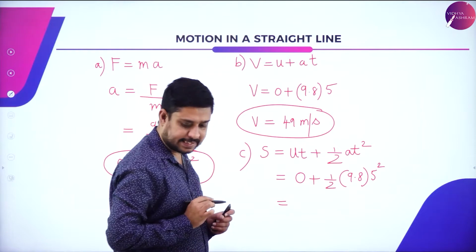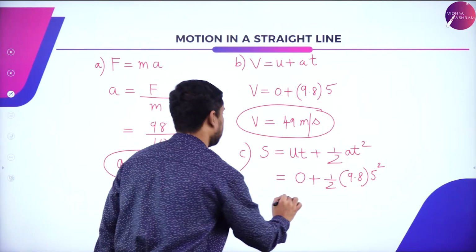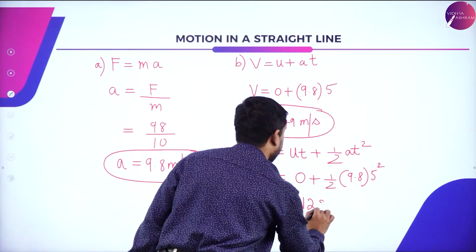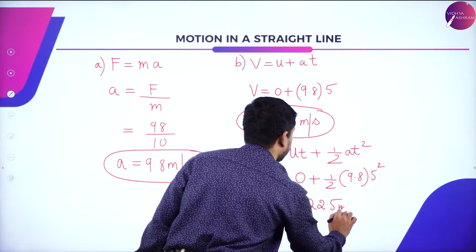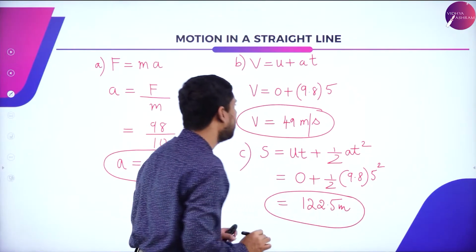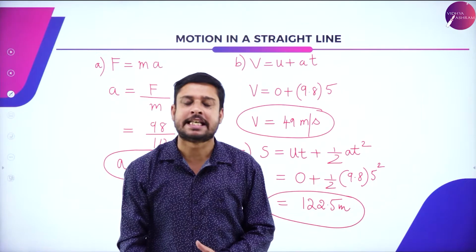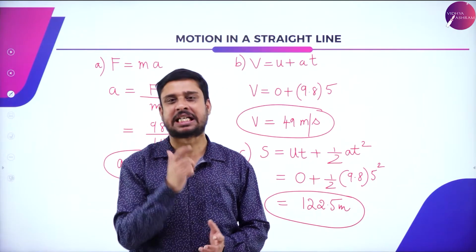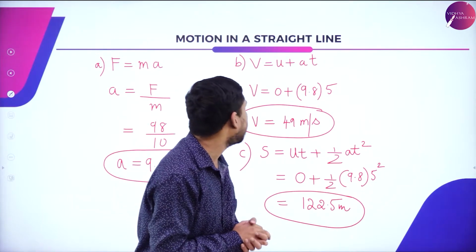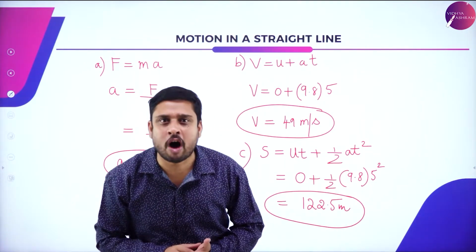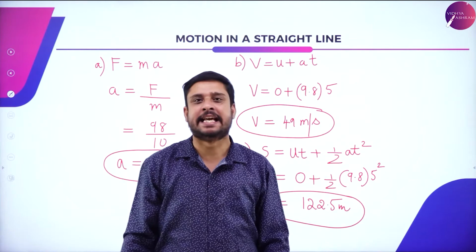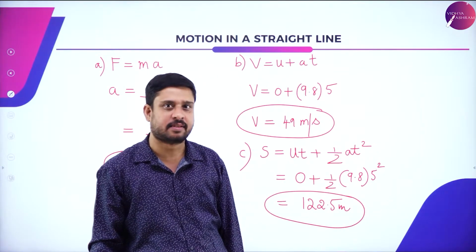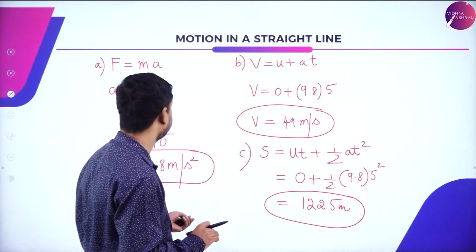So when we simplify this, this is 122.5 meters. Again, see, just using the concepts of both motion in a straight line as well as Newton's laws, we have easily arrived at the answers. Next one, students.